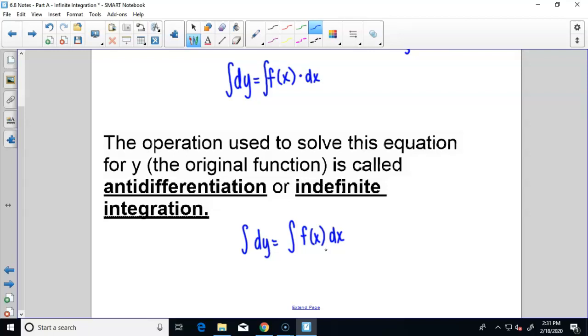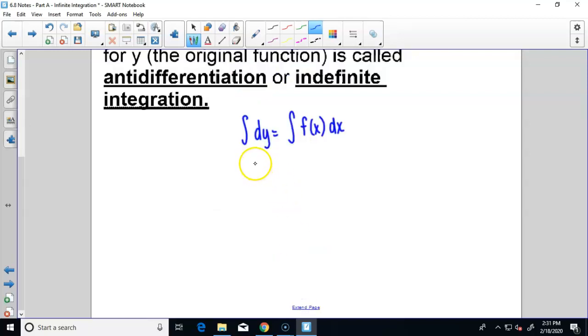When you take the integral of dy, because that represents the derivative of y, the integral of the derivative is just y. And over here, you would have the integral of f of x dx. I'm just trying to show you a little bit of notation.